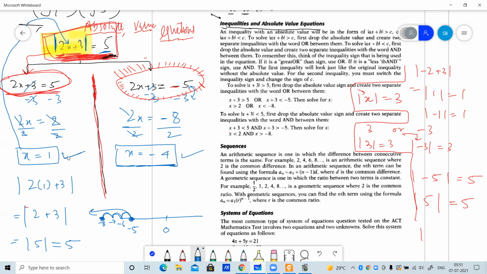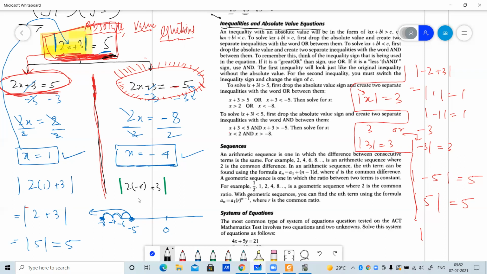And now we have to do negative 4. Correct. So absolute value of 2 times parentheses negative 4 plus 3 equals 5, and then solve. Yeah, we'll take the left side of the equation and we'll solve it and we should get 5.